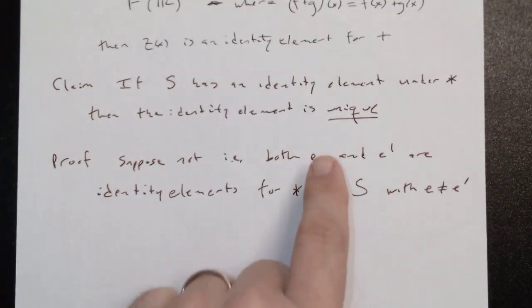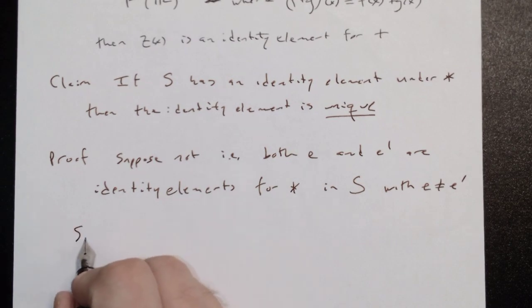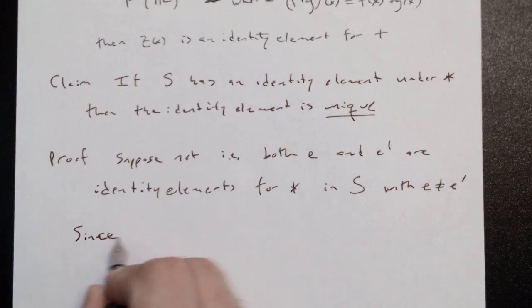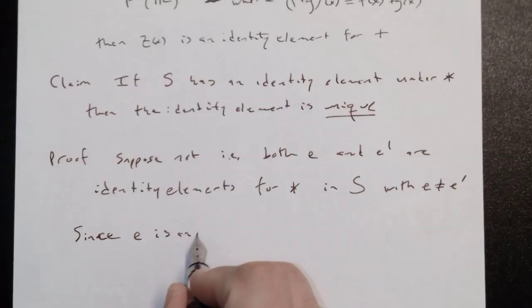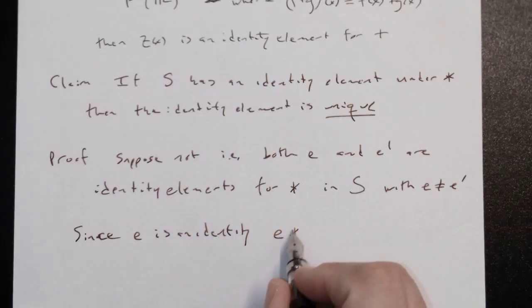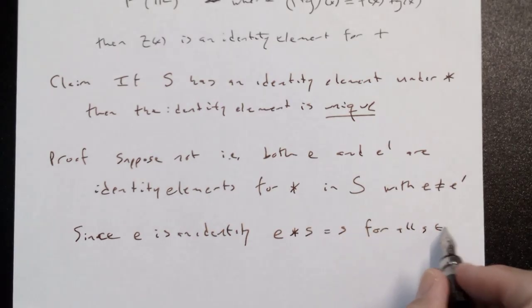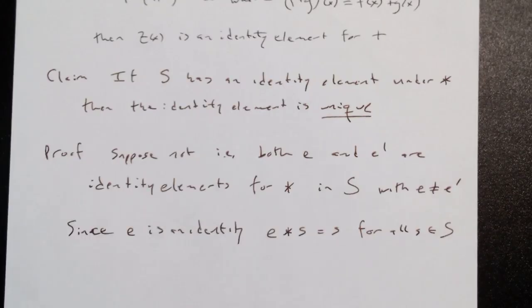So if I take E and star it with anything, I should get that thing back. But I also said that E prime is an identity, right? Which means the same thing.